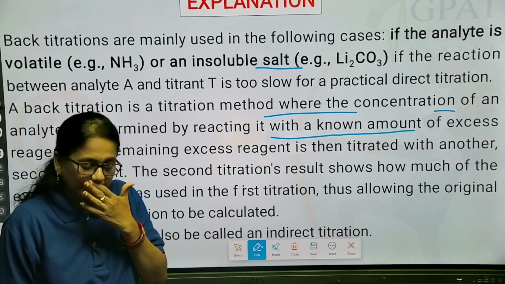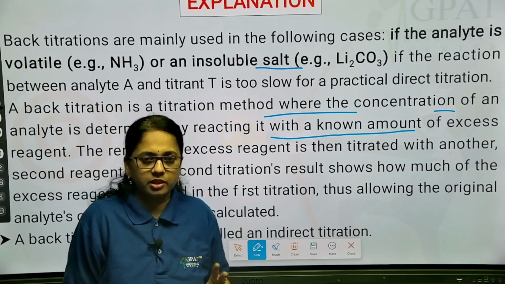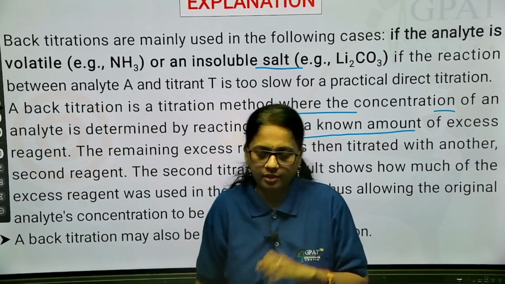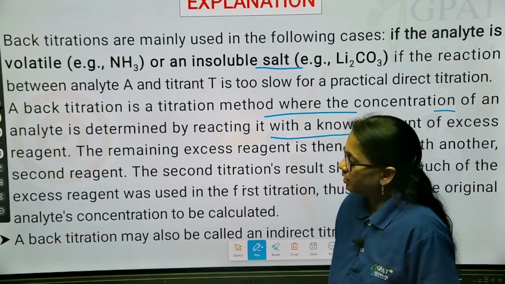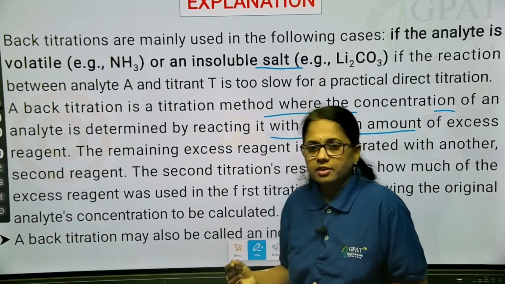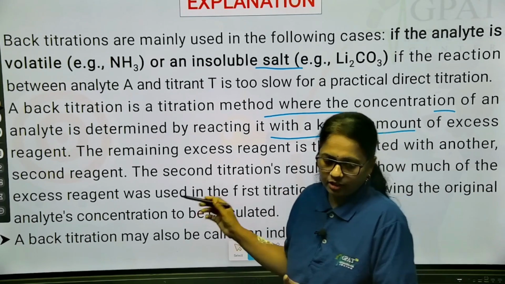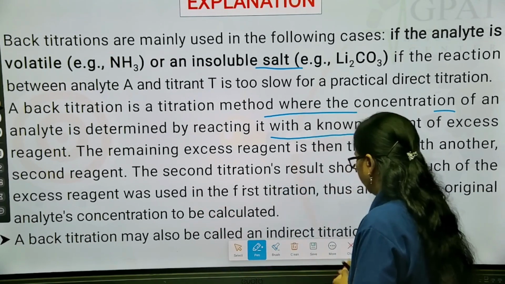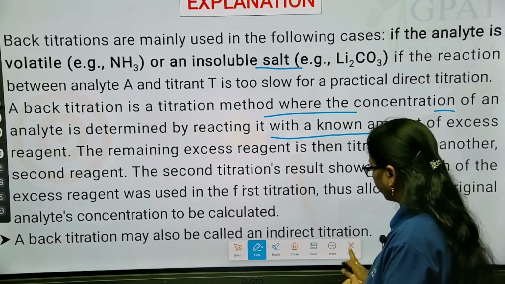Okay, so we are going to use two titrants here. Titrant 1 is added in excess directly to the conical flask, then the leftover titrant 1 is titrated with the second reagent. Okay, that's why it is an indirect titration.